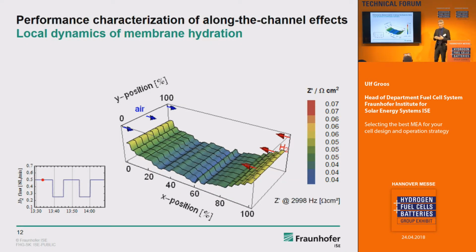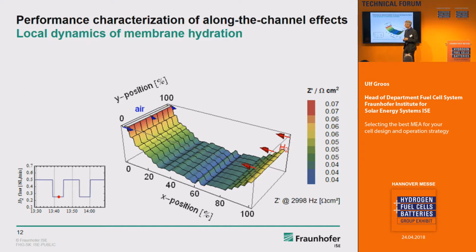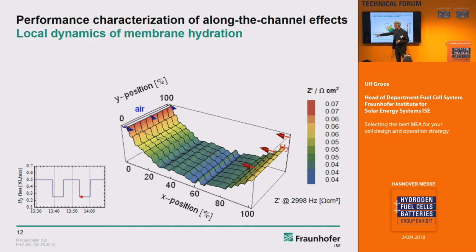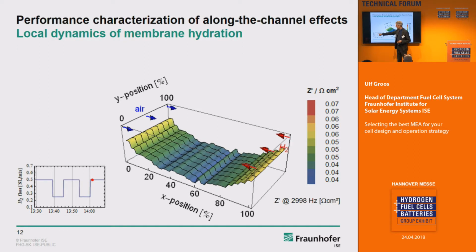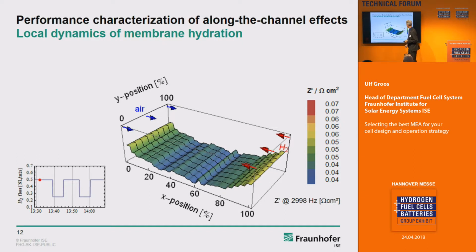So with that, you can get results like this. In this case, we wanted to look at the humidification of the membrane from gas inlet to gas outlet, and we did it by adjusting the hydrogen flow. You see here a higher hydrogen flow, and then a step to a lower hydrogen flow, back, and so forth.